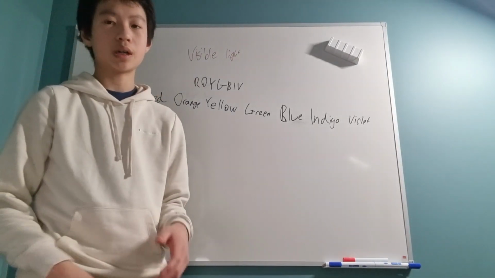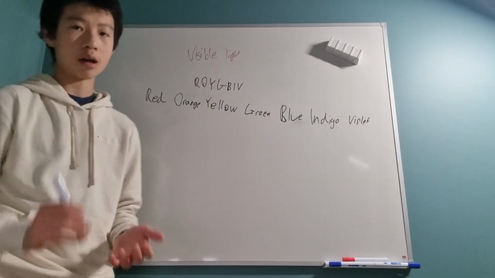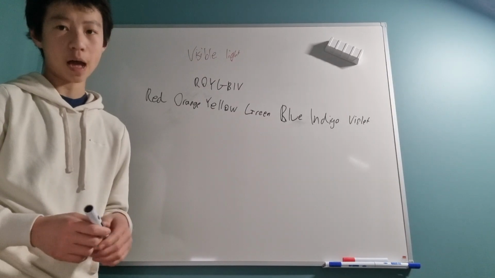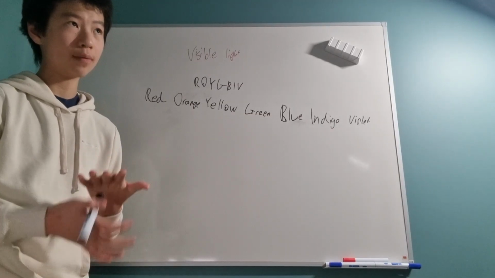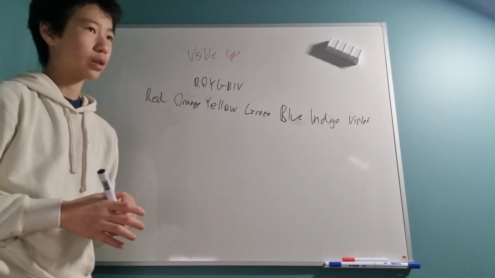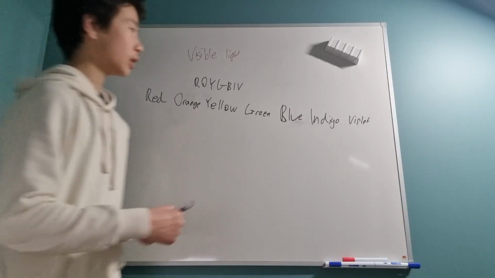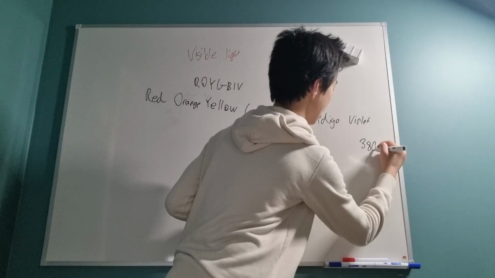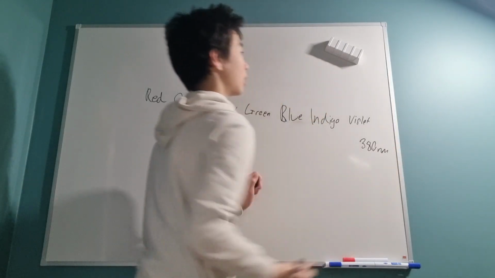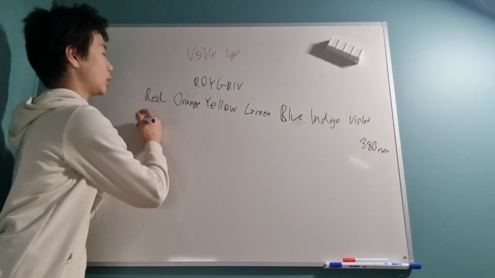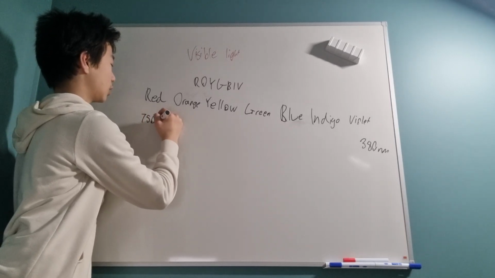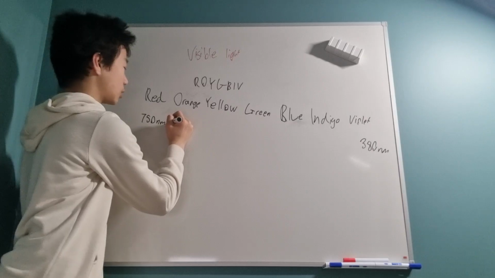What is interesting also is that they are in a spectrum. I believe the wavelength goes like this. It starts at this end, which is about 380 nanometers, and over here it ends at about 750 nanometers.